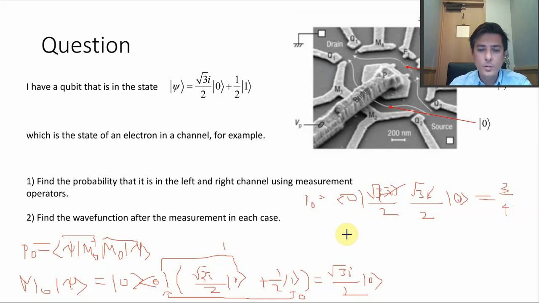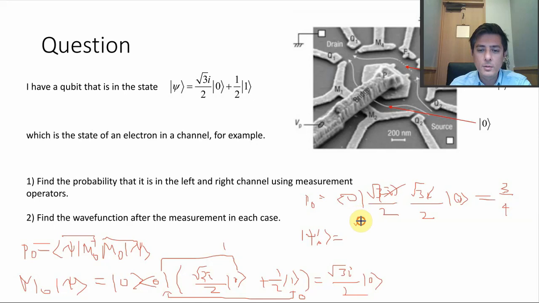For finding the wave function after the measurement, the new wave function after you measure 0 is just m0 psi divided by the square root of this probability.